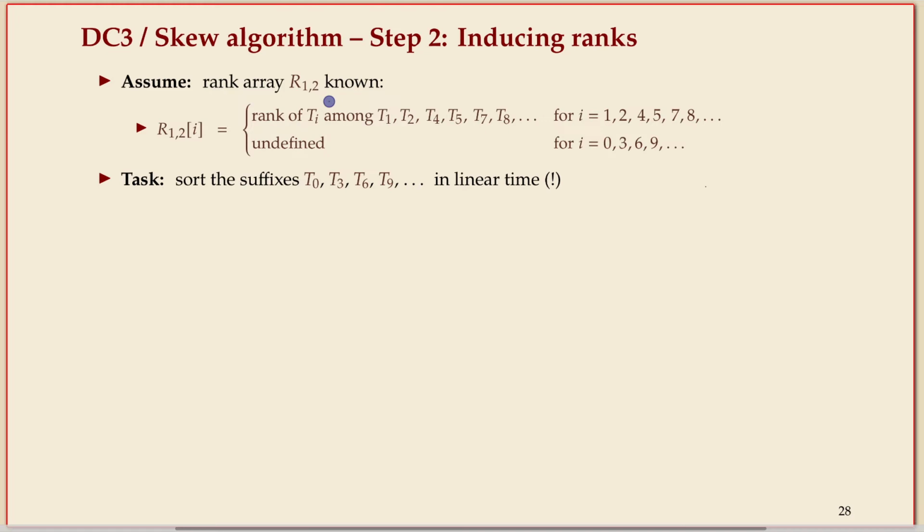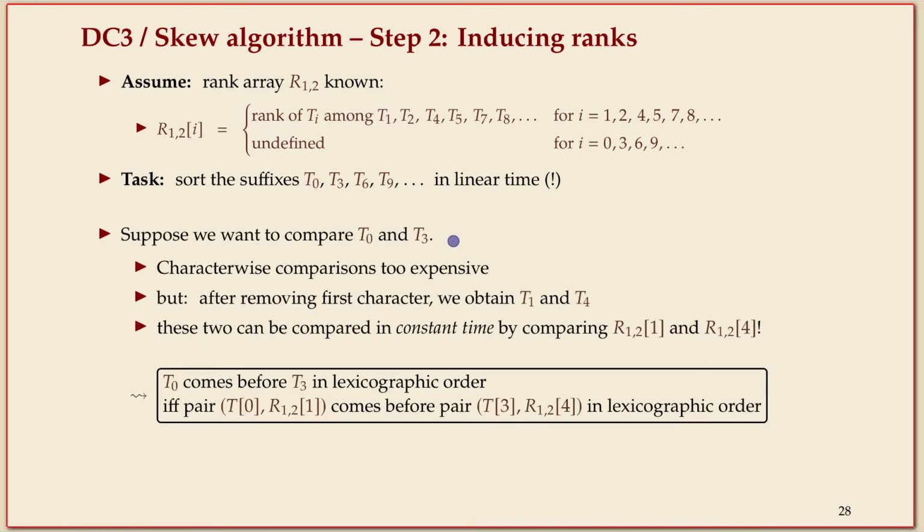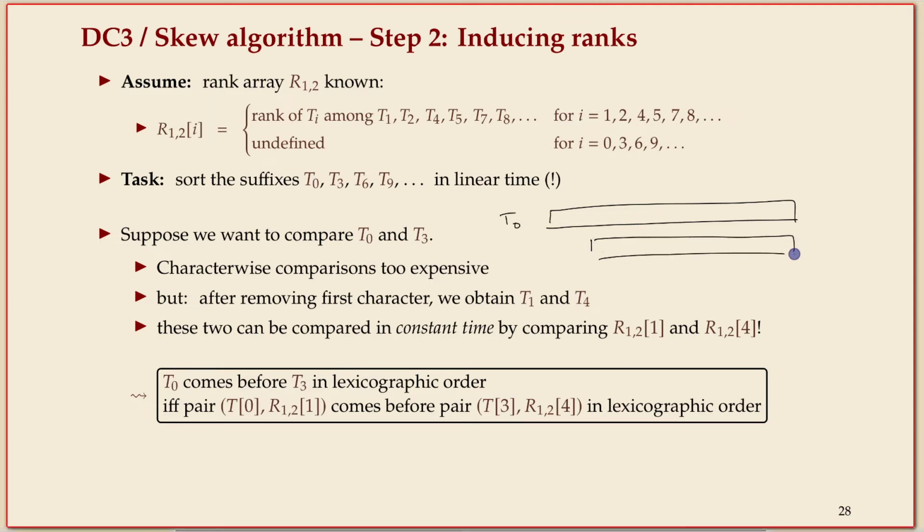That sounds super weird, but if you just look at some examples, it becomes a bit more clear, I think. So suppose we want to take the entire text, otherwise known as T0, and T3, the suffix that starts at position 3. How could we compare those two, using the knowledge we have about these other suffixes?